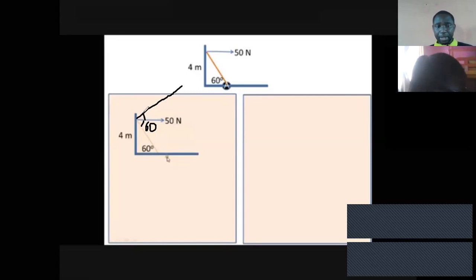Beautiful. Okay. If this place is 60, you know this place will be 30, right? Isn't it? Yes. Okay. Now, can we now find this side? Let's get this side.